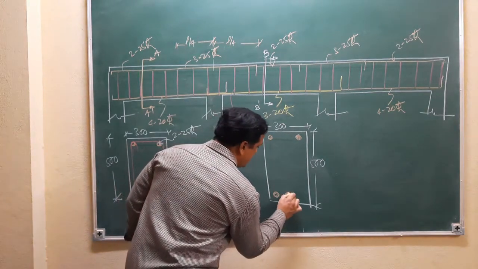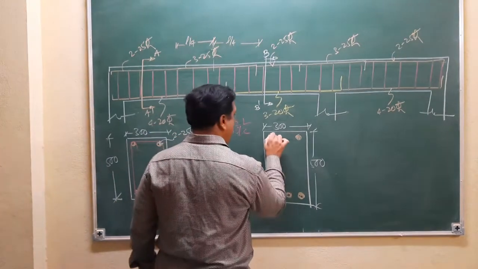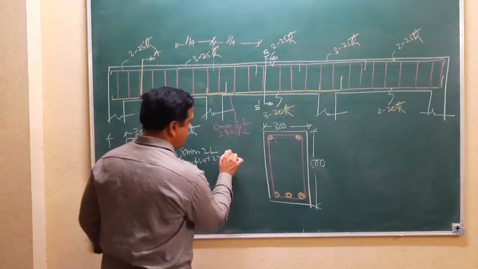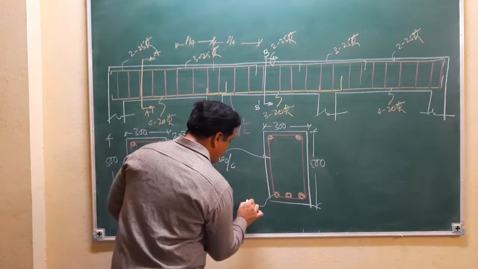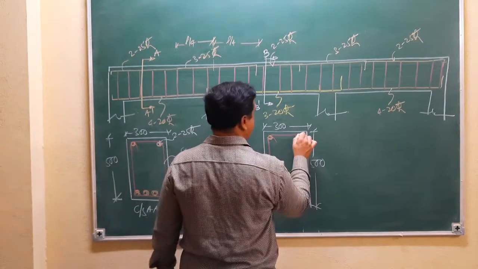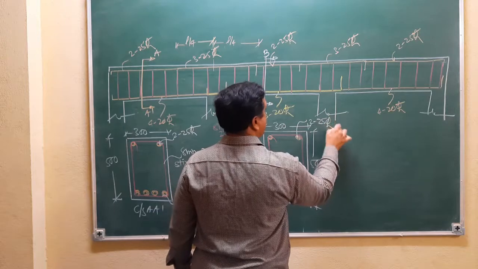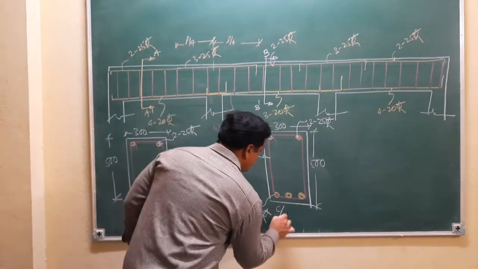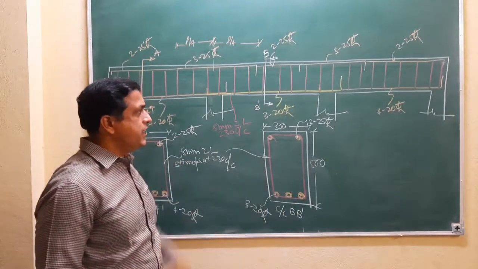At bottom 20 mm 3 bars, and the stirrups are same. That means you have to show the stirrups same. Okay, and at this location 3 bars of 20 mm diameter and at this location 2 bars of 25 mm diameter. So this is the cross section, BB dash.